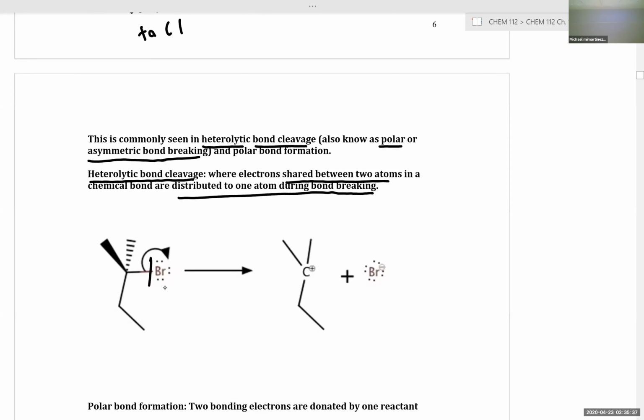So does everyone notice how the bromine receives two electrons from the bond? We have broken our bond and our electrons are going only to the bromine. That's why carbon has a positive charge, because it no longer has those shared bonding electrons.